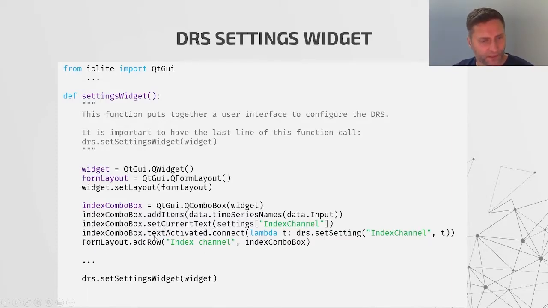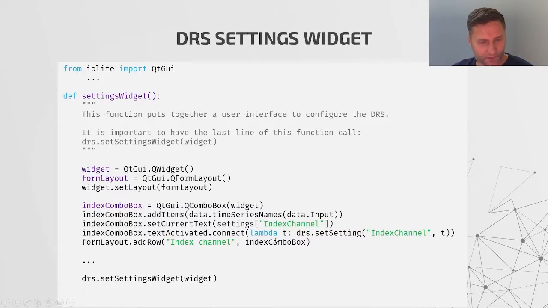Then what we're doing here is we're setting it up so that we're connecting this signal, so that when the combo box is activated, so the user has clicked on it to interact with it, anything that the user does will be recorded by connecting this signal with this lambda function.